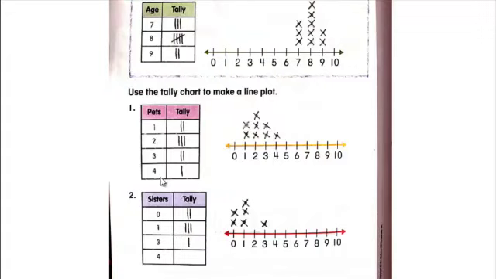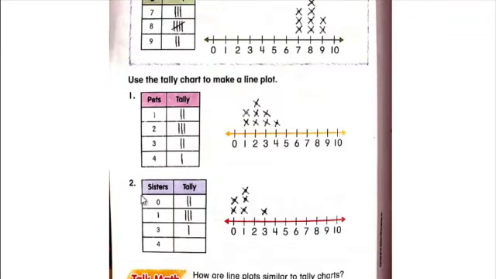And here in front of pet number 4, there is 1 tally mark. Here in front of 4, draw 1 plot, to represent 1 tally mark. Okay? This diagram is called a line plot.